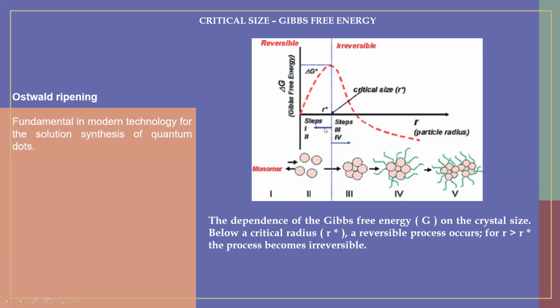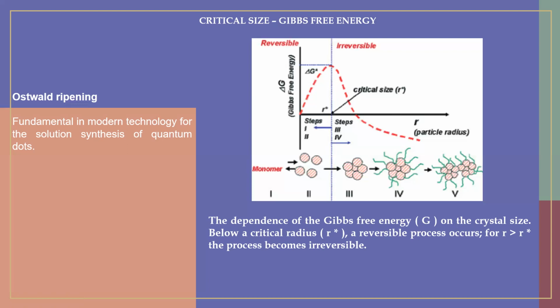Let's consider this graph of the radius of the nucleus versus Gibbs free energy. The Gibbs free energy starts to increase as the radius of the nucleus increases. At a particular value, the Gibbs free energy becomes maximum, and then it starts to decrease with increasing radius.